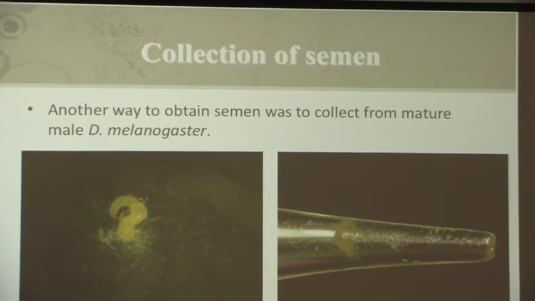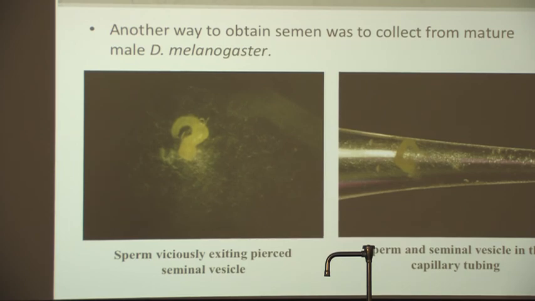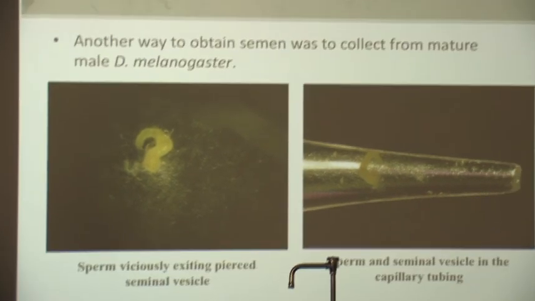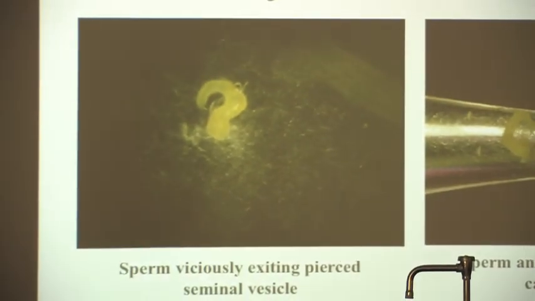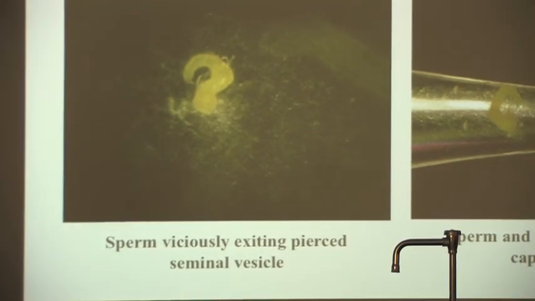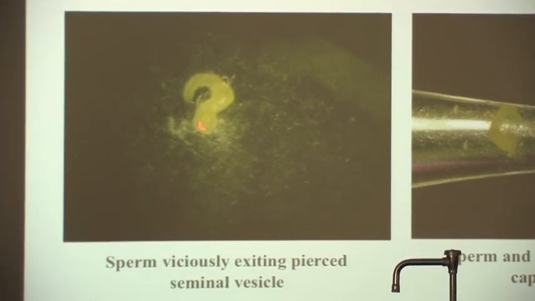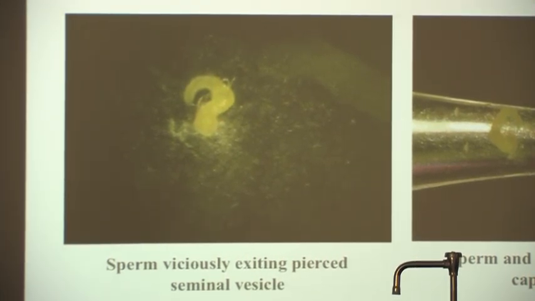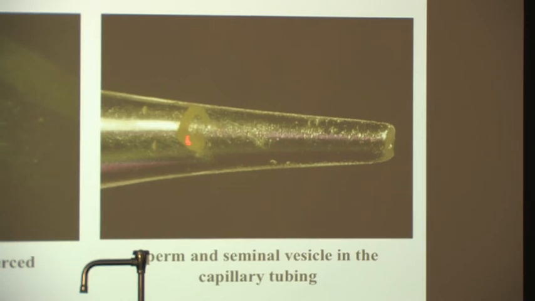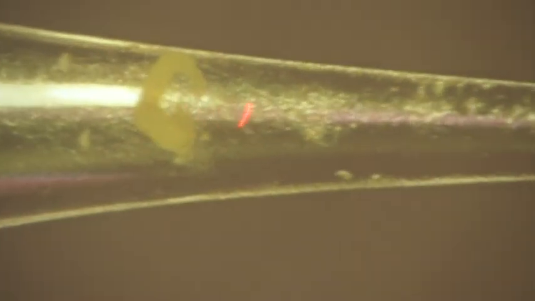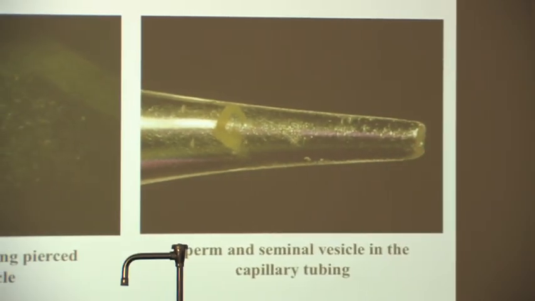We dissect the dorsal side of the male, and the seminal vesicle is removed. Because the semen is inside the seminal vesicle, after we pierce a little hole in it, the sperm will flow out. We use this pipette to collect the spermatheca, seminal vesicle, and semen into this capillary tubing. The opening of this pipette is around 100 micrometers.